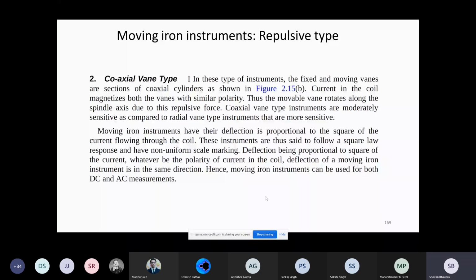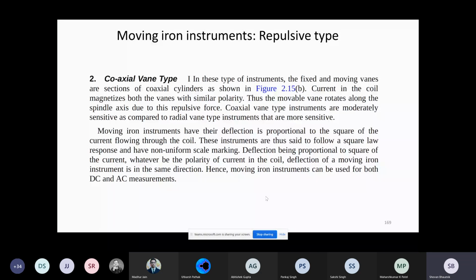When current passes over them, it produces the magnetic field. Both have the same polarity, and then it gets the deflection. The moving spindle moves, and equilibrium happens with the spiral spring, and you can read the angle theta in terms of ampere or voltage.